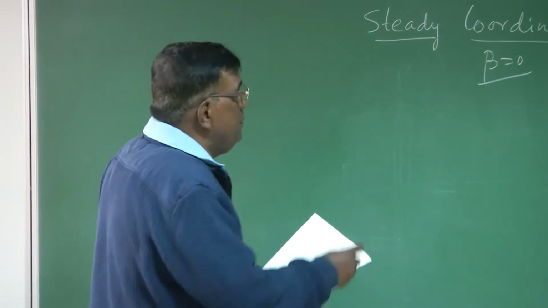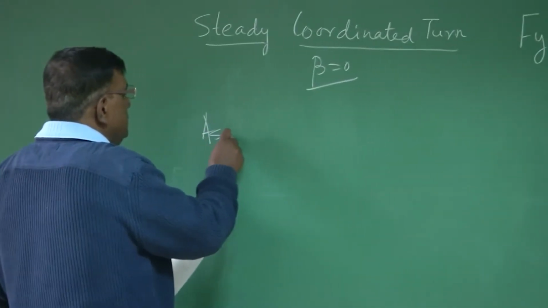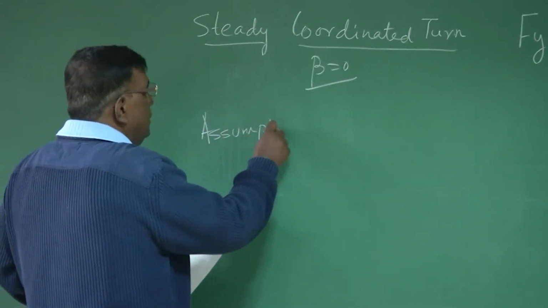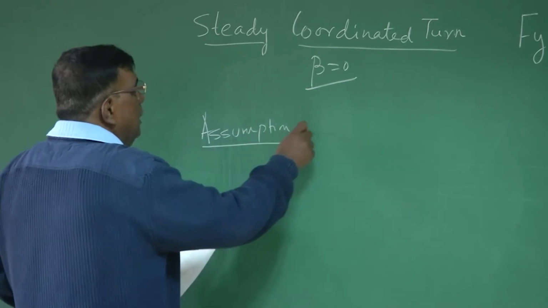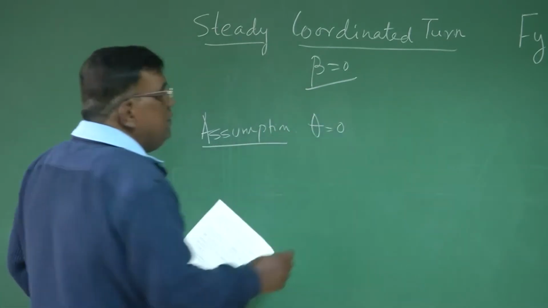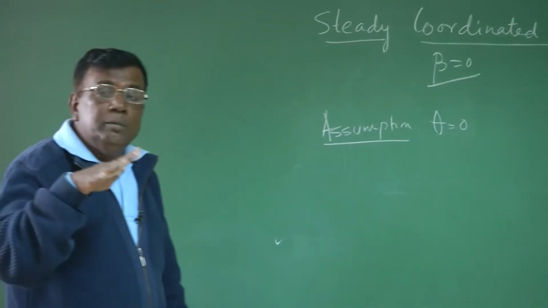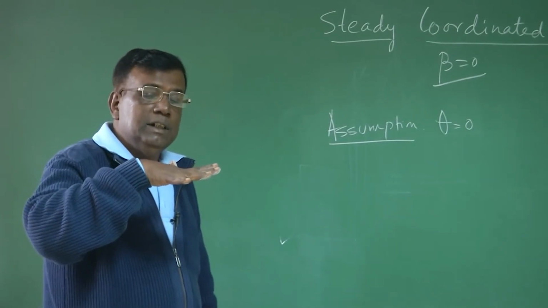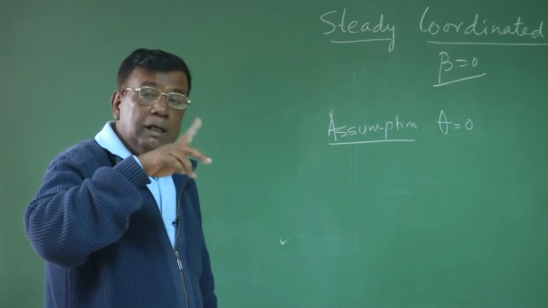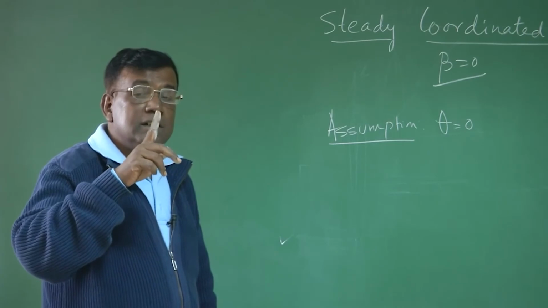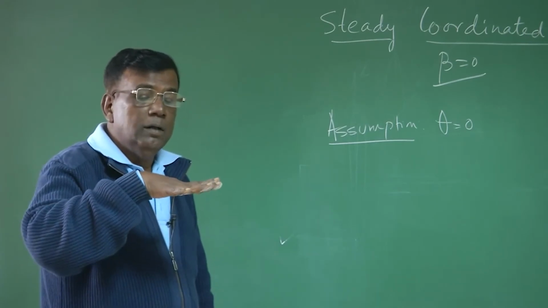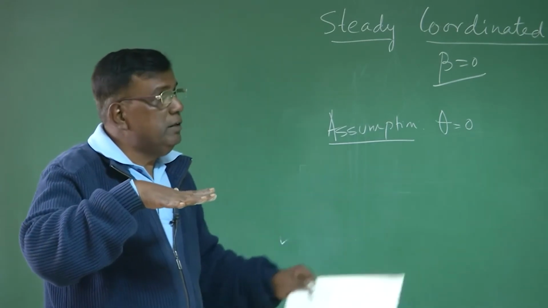Now I put some assumptions. I am assuming that theta is 0. That means I am conducting the experiment so that the pitch attitude angle is very small. That is why I am taking it as 0.